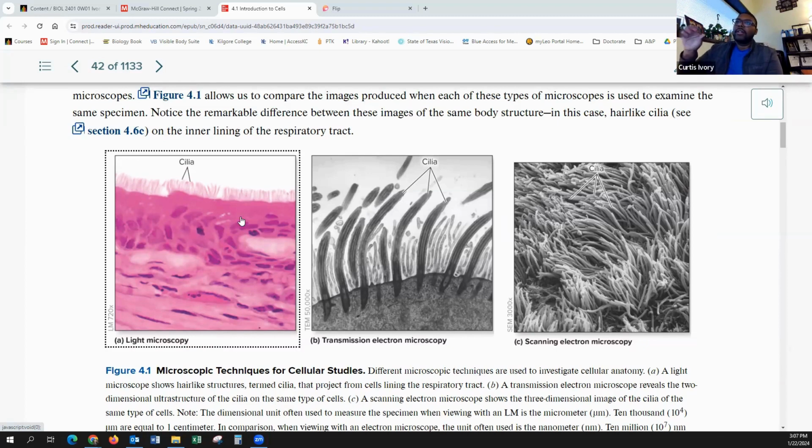Transmission electron microscope is going to pass electrons through it. That's going back to chapter 2 with chemistry. It gives us a more in-depth picture, and then scanning electron allows us to see the top surface a little bit more intensely.